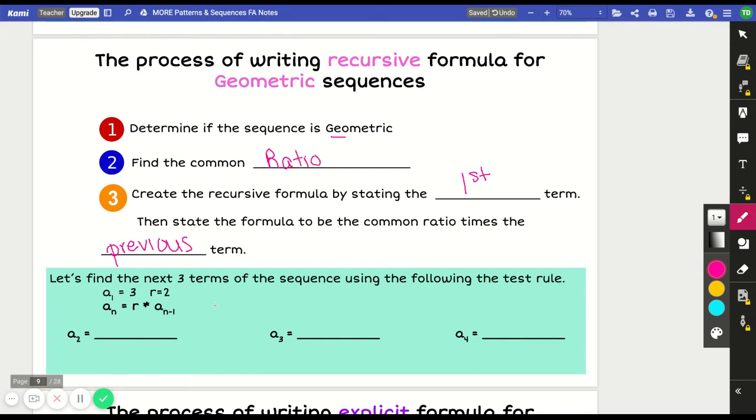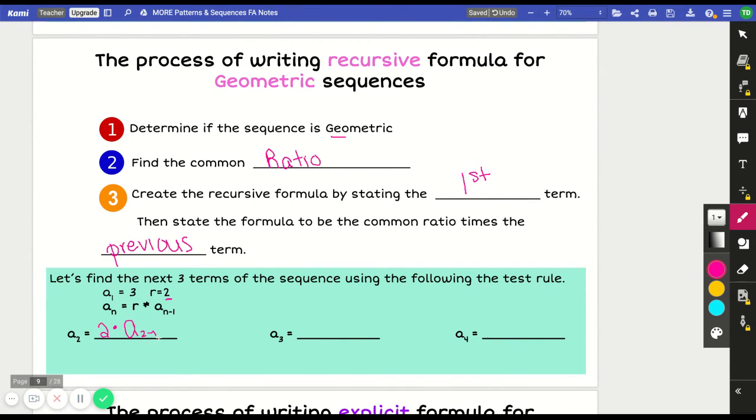So again, let's try some examples. We're stating the first term, which is 3. We find the common ratio, here is 2, and then we use the equation. So it's R, the ratio, times the previous term. So let's see. R is 2 times A sub 2 minus 1.